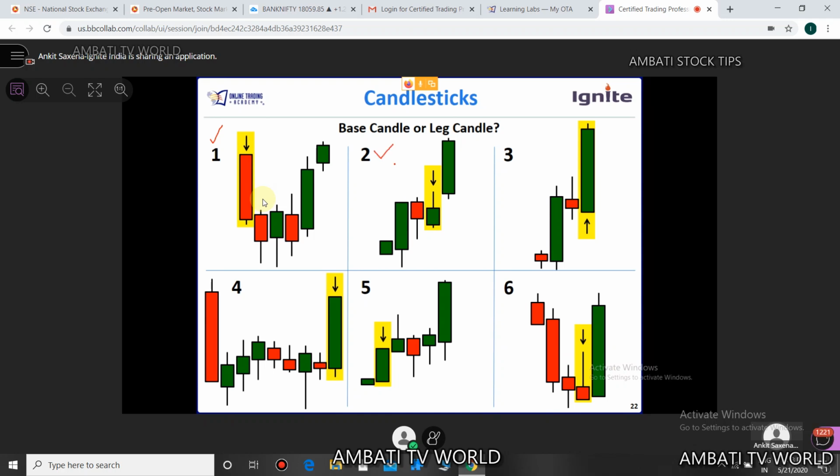Now let's come to the second picture. Only tell me the highlighted candle, guys, highlighted in yellow color. Base, right? Now let's come to the third picture.